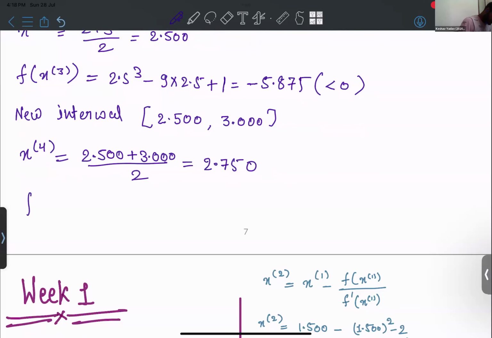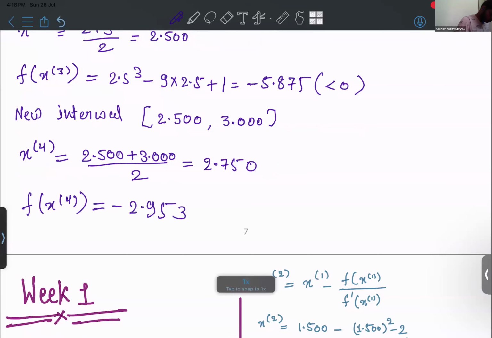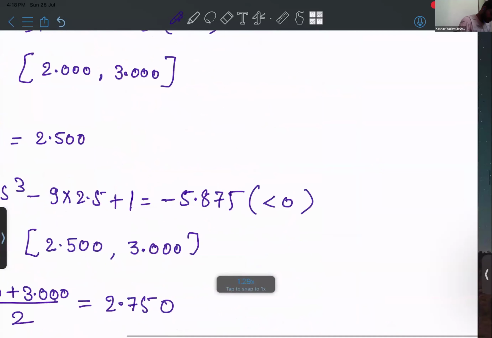And what will be the function value at this fourth iteration? 2.75 cube minus 9 multiplied by 2.75 plus 1. This will be equal to minus 2.953. So what will be the new interval now?